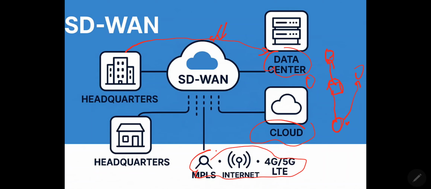But if you want to transfer your data using traditional WAN, it makes high latency, so your data can be transferred in a long time. Okay, I hope you understand this concept.